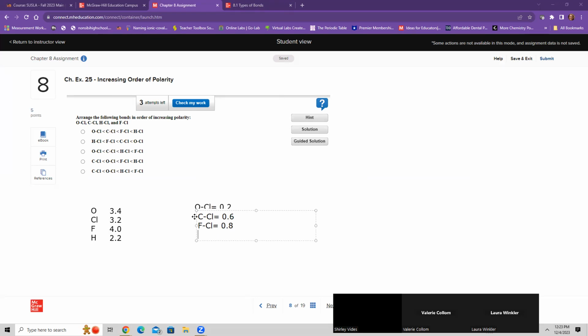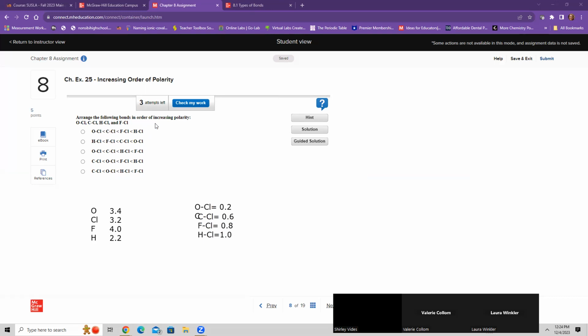And the last one is hydrogen and Cl. So hydrogen and Cl is equal to 2.2 minus 3.2. That's 1, right? 1.0. So the most electronegative, obviously, is that one, right? See, they're in order. You see that? HCl is the most electronegative. So it's this one. HCl is the first one.